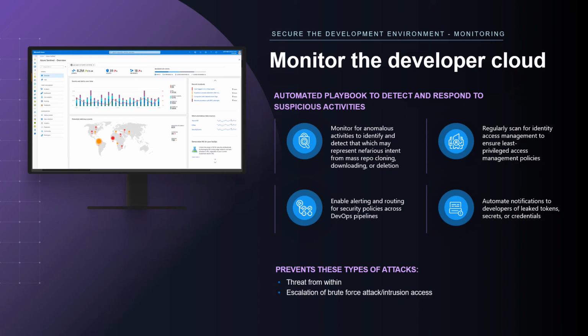Make sure that there is regular scanning for IAM to ensure that least privilege access management policies are followed. Lastly, make sure that notifications of leaked secrets, tokens, or credentials to developers are automated. Enabling holistic monitoring can help protect your organization from threats from within and escalations of brute force attack or intrusion access.